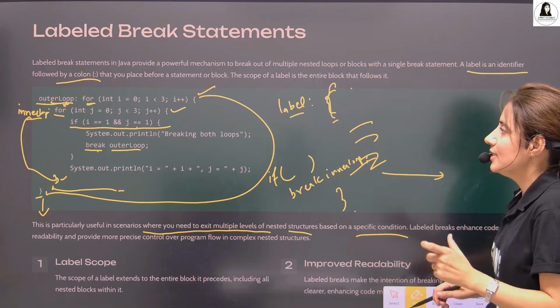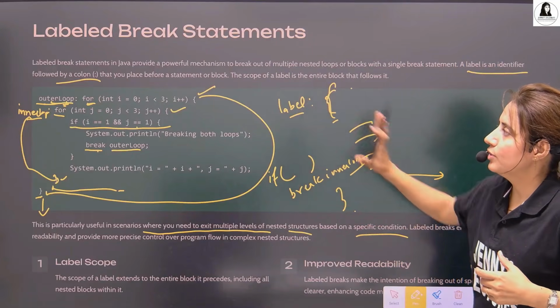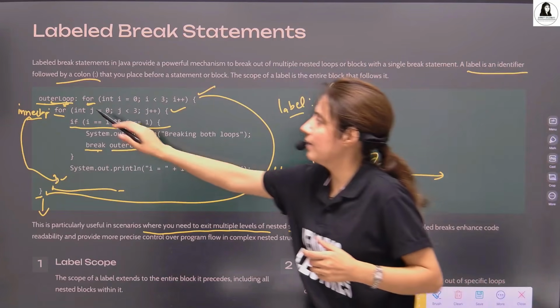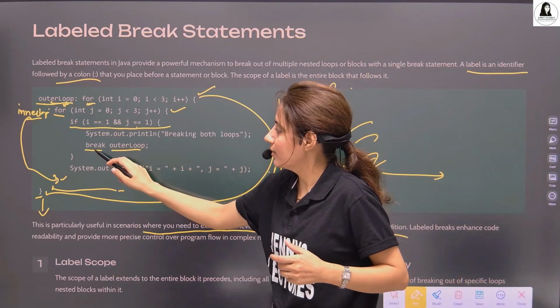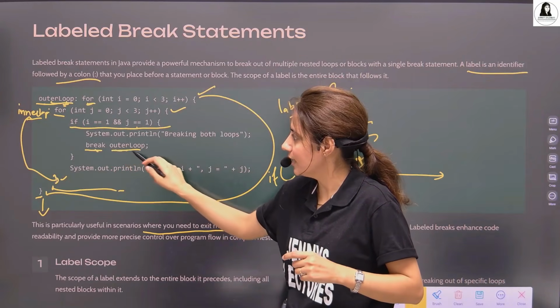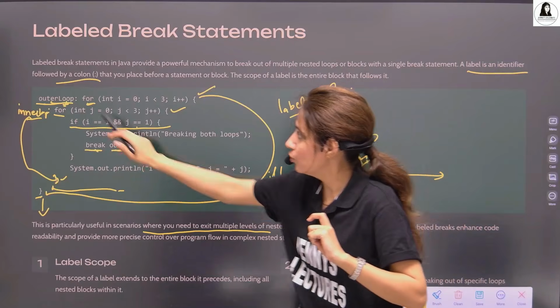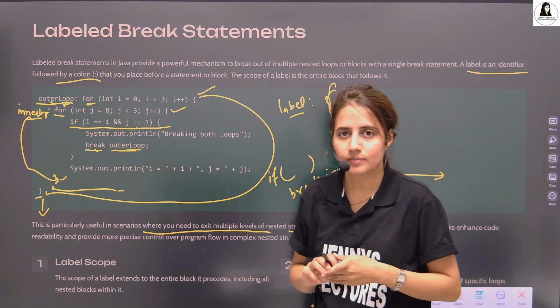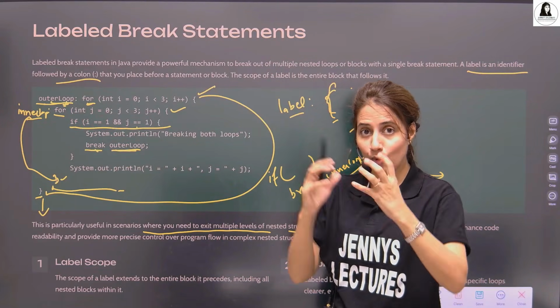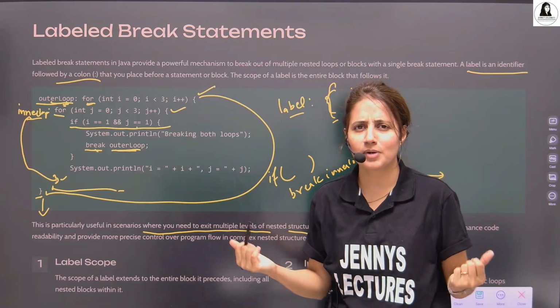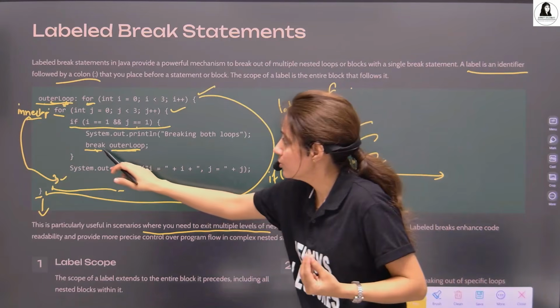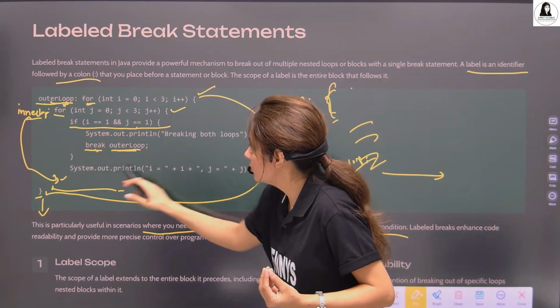Obviously, they are going to increase the readability of the code also, because we have named this for, and we are writing here break outer loop. From here only, by looking at that, we know there is a label outer loop, and from there you want to exit. This is more readable than writing a simple break, where you have to check that this break is within this loop, so we have to exit from this loop.